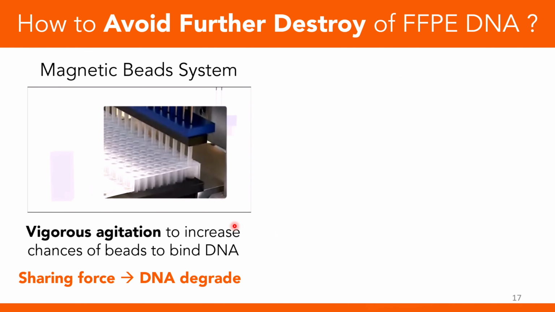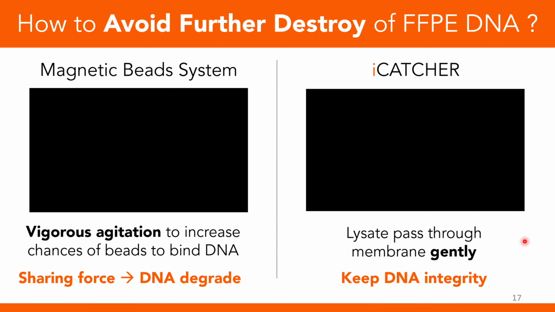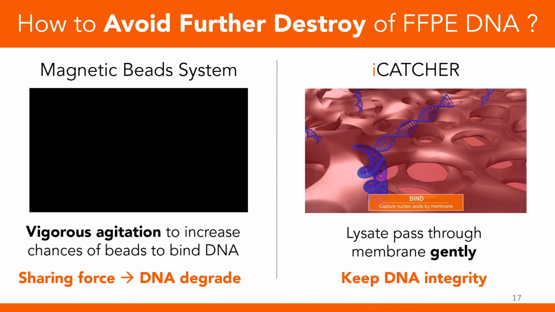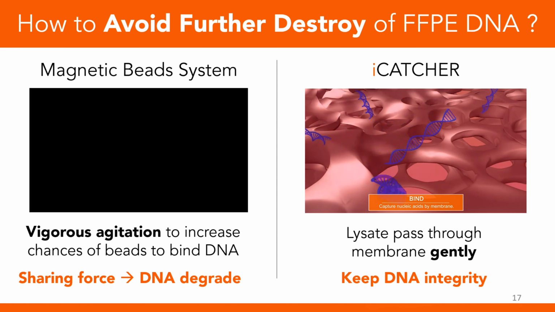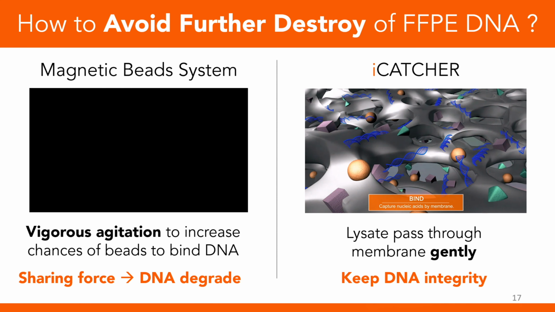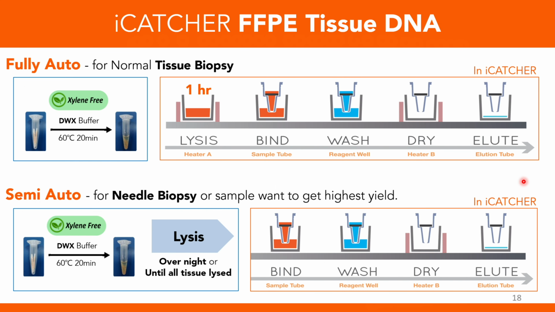This is also a kind of shearing force, which will cause DNA damage, because if one DNA touches two different magnetic beads, the shearing force degrades it more seriously. In iCatcher, we use a special membrane. We let the lysate pass through the membrane gently, so we can keep the integrity of the FFPE DNA in larger fragments. So this is how we avoid further destruction of FFPE DNA.